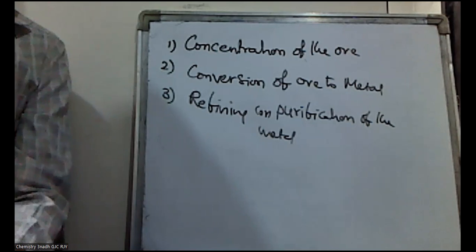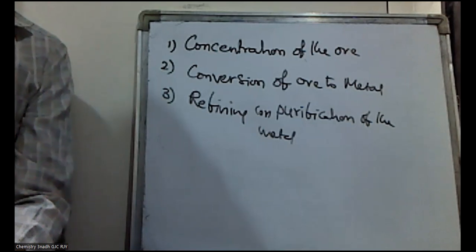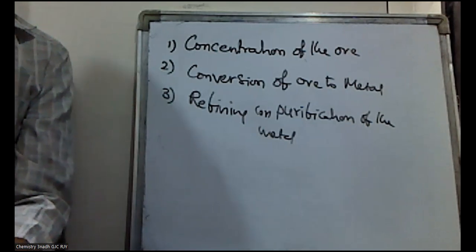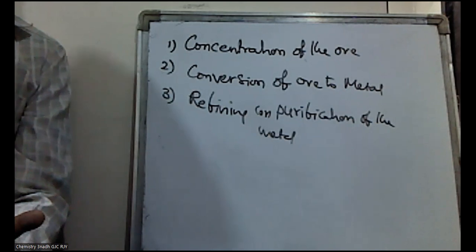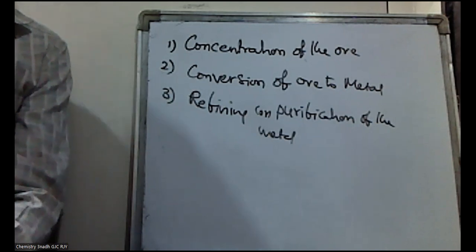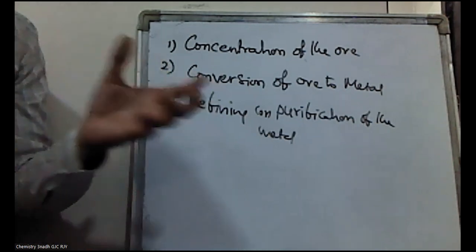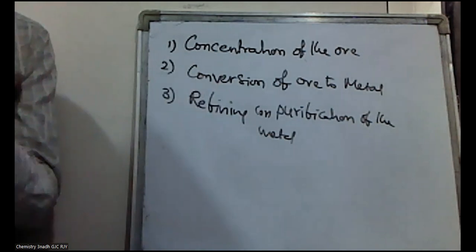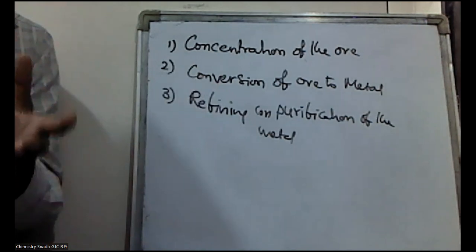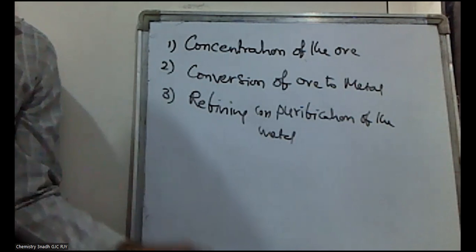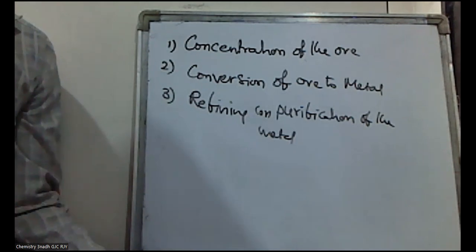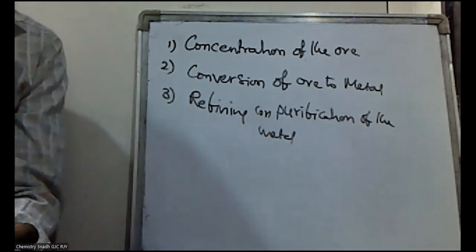But metal is extracted only from certain minerals because it is economic, and you will get a lot of metal. Industrially, we are not using all the minerals to extract the metals. The mineral from which metal is extracted, we call it the ore.